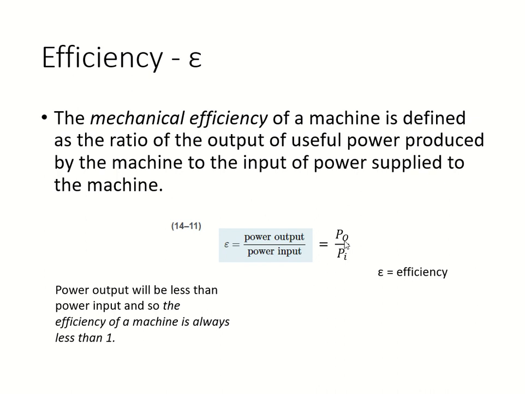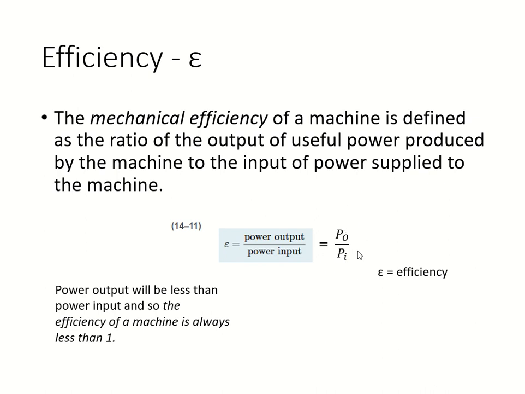So output power to input power, and this ratio is called the efficiency. Your output is always less than the input power, so the efficiency is always going to be less than 1. Why? Because your input is always greater than the output.